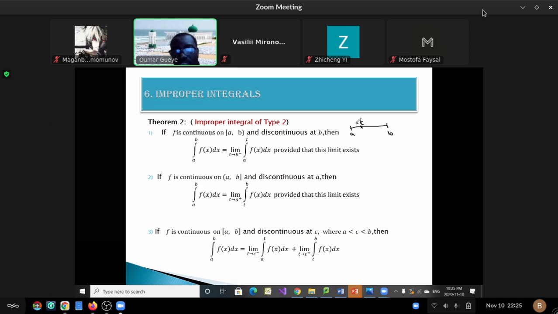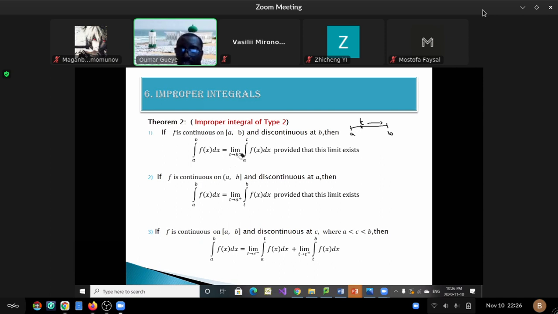We just let T approach B. And as you can see, when T is approaching B, it's coming from the left. That's why we need the left-hand limit.